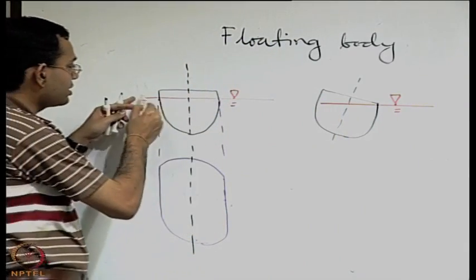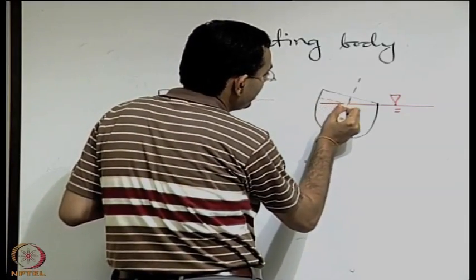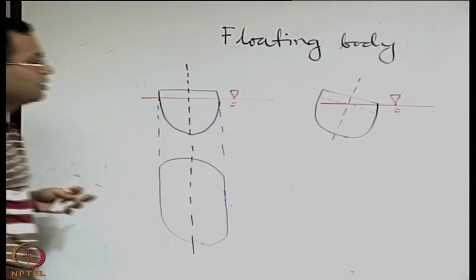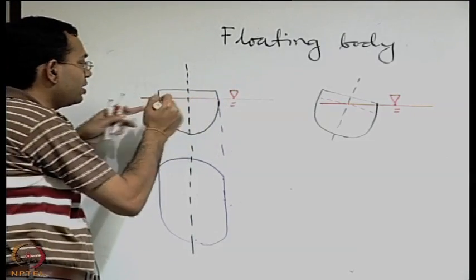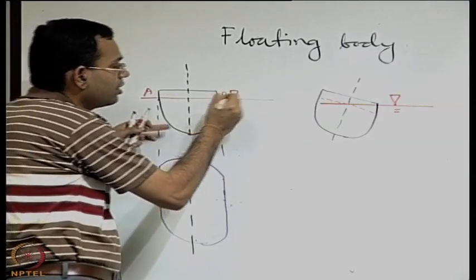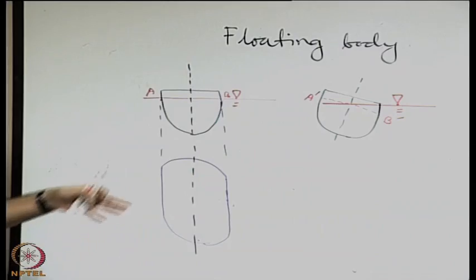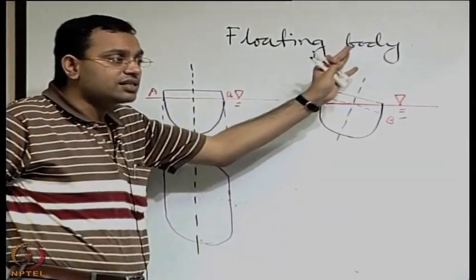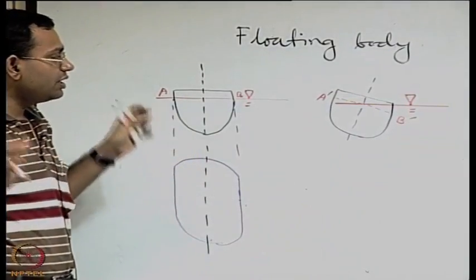So whatever was the line of interface before, relative to the body, whatever was the line say AB, now it becomes A prime B prime. If it is symmetrical with respect to the axis over which it tilts, you will see that one interesting thing has happened.